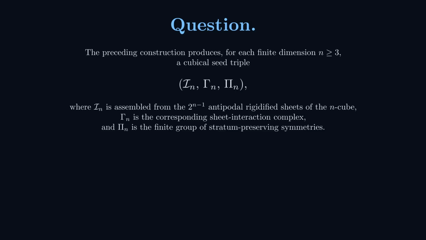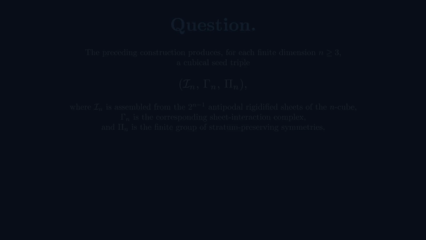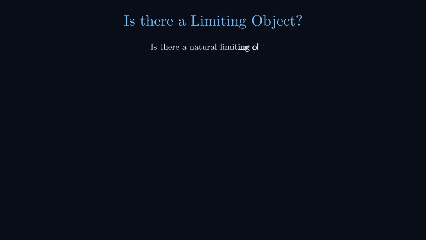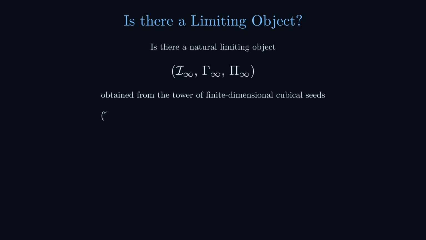Gamma is the corresponding sheet interaction complex, and pi is the finite symmetry group of stratum preserving symmetries. One might naturally ask, is there a limiting object? Is there a natural limiting object in which we take n to infinity of the triple, obtained from the tower of finite dimensional cubical seeds?